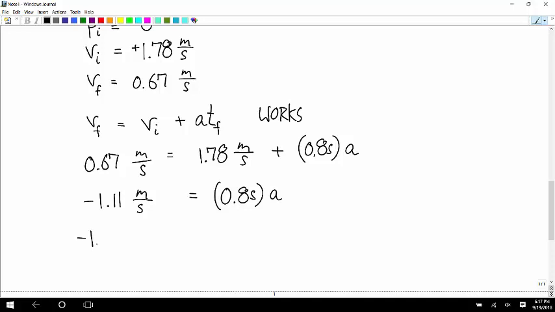So negative 1.11 meters per second divided by 0.8 seconds is equal to A. And so A is equal to, what's 1.11 divided by 0.8?